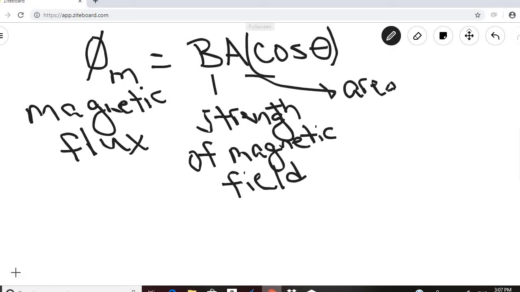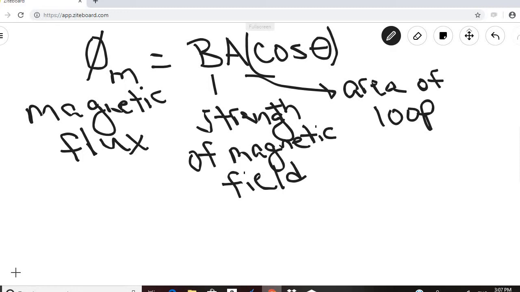So this is the area of the loop. And then the angle is the angle that's between the direction of the magnetic field and the vector that would be perpendicular to the area enclosed by the loop.